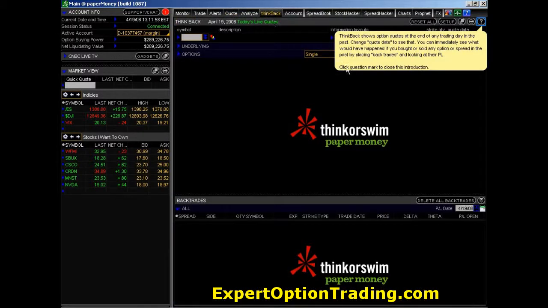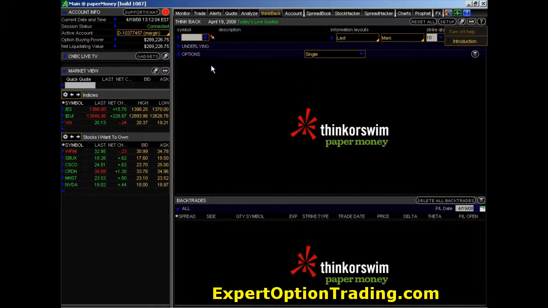The think back system is kind of an interesting little thing. I don't really use it, but it allows you to put a symbol in and then perform an analysis of how a system would have turned out based on back testing.